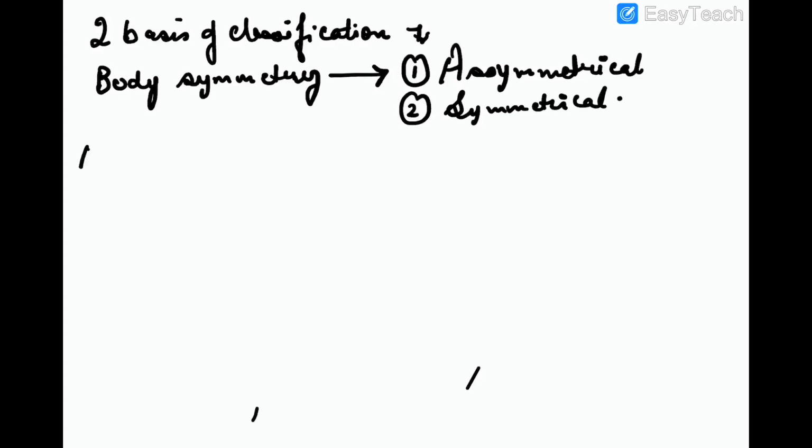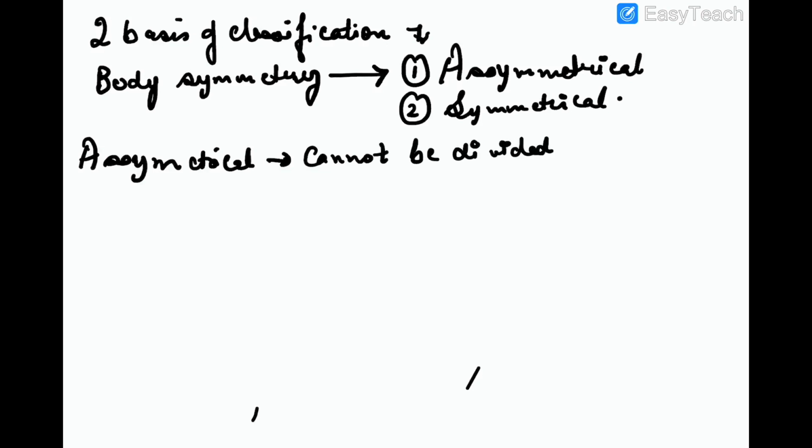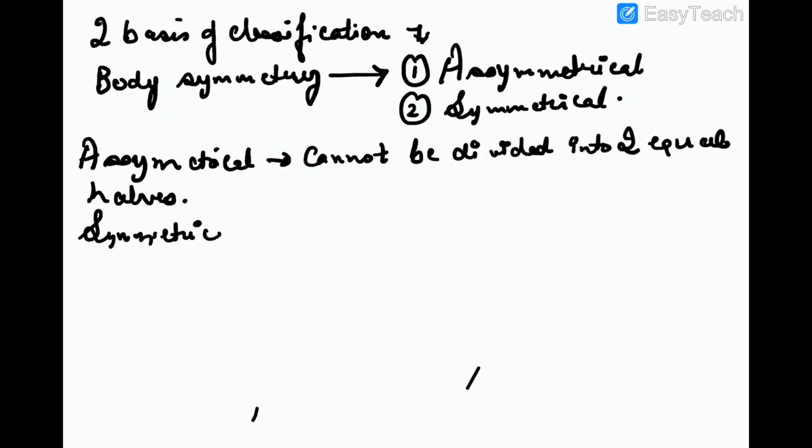Now asymmetrical body plan means body cannot be divided into two equal halves. Whereas symmetrical plan means body can be divided into two equal halves.